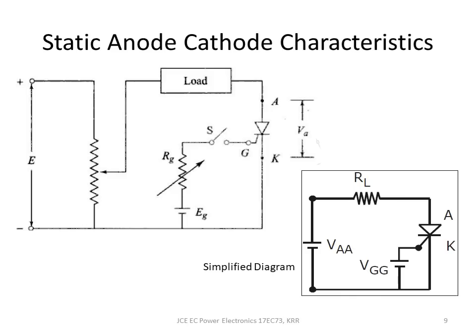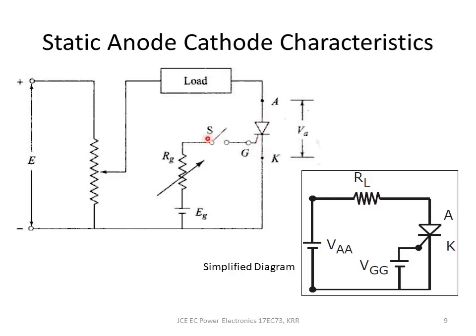So let us see the characteristics, called the static anode cathode characteristics, and this is the circuit that is built to get the VI characteristics. What we see here is the supply voltage, which is made variable, and I am connecting a load in series with the thyristor.